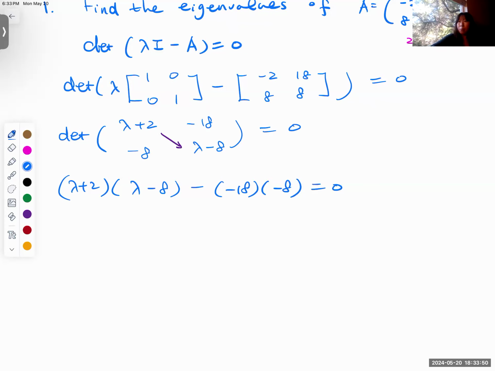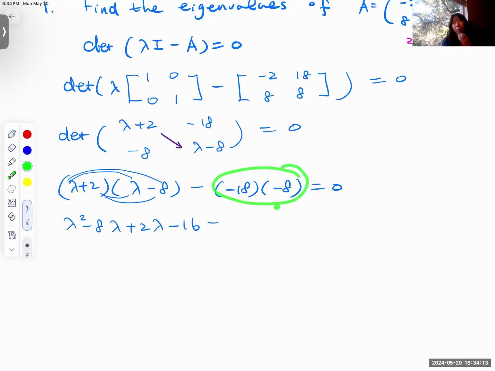Now, I need your help. Can you please calculate what is 18 times 8? While you calculate, let me distribute. So we have lambda squared minus 8 lambda plus 2 lambda minus 16 minus, what do you get?